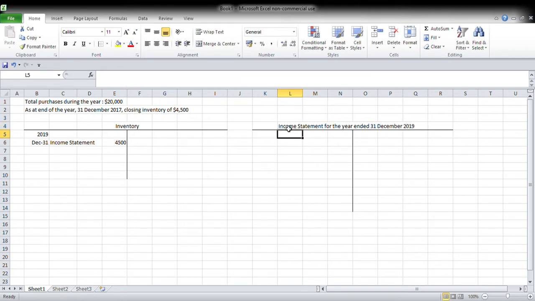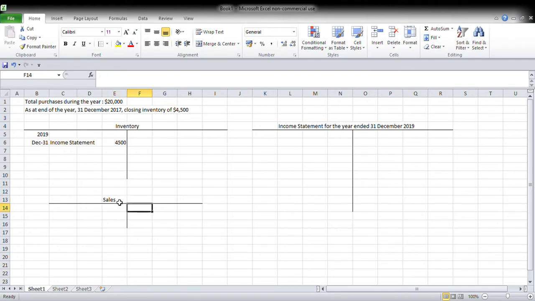Okay, it would have recorded the sales and purchases figures. Let's create some figures here so you can see the income statement properly. So the sales figure, whenever they sell anything to anybody, they will record.